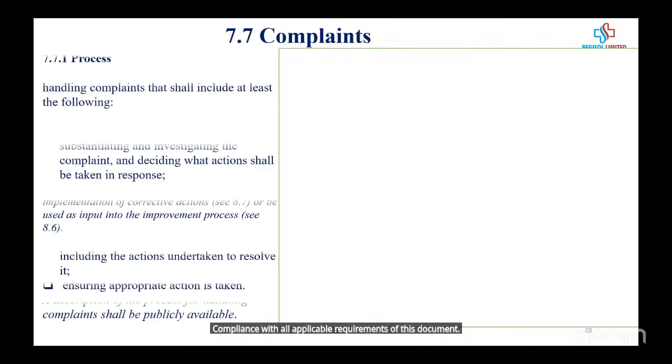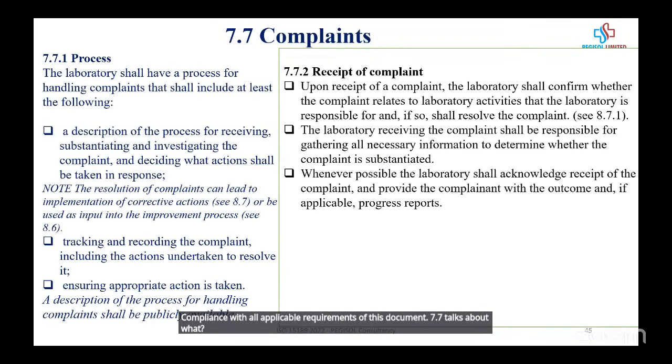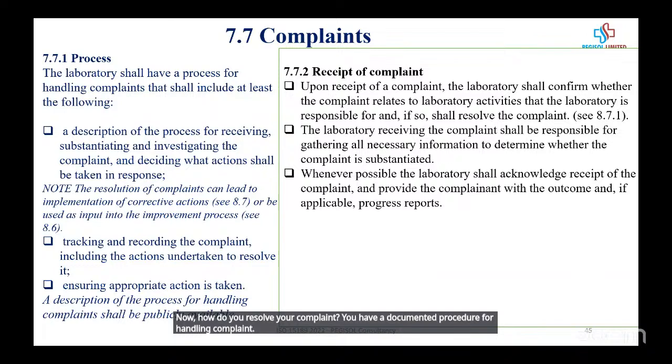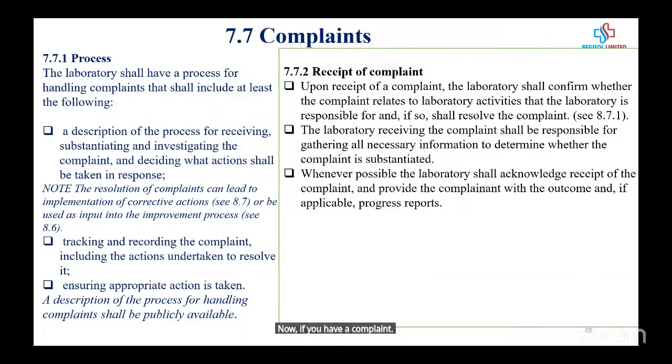Now, 7.7 talks about what? Complaints. So you should have a way of resolving your complaints. How do you resolve your complaints? You have a documented procedure for handling complaints. You should have a complaint resolution document.